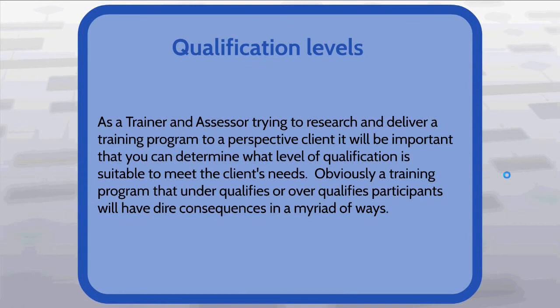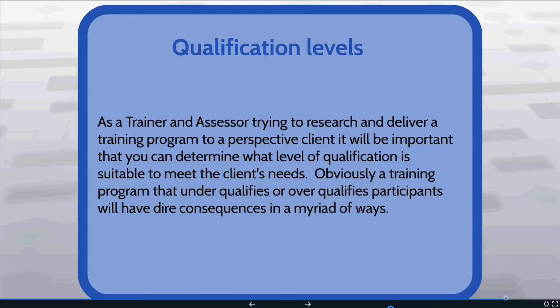Nearly done. As a trainer assessor researching and delivering a training program to a prospective client, it'll be important that you can determine what level of qualification is suitable to meet the client's needs. A training program that underqualifies or overqualifies participants will have dire consequences in a myriad of ways.